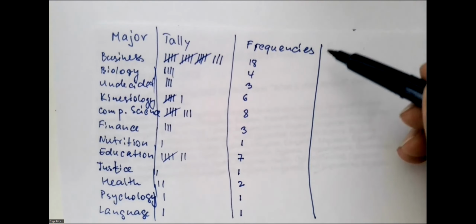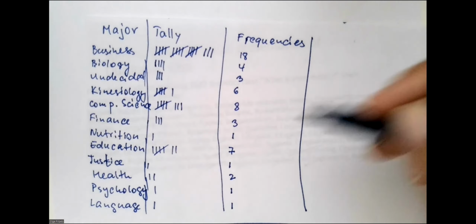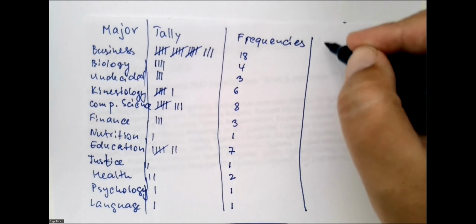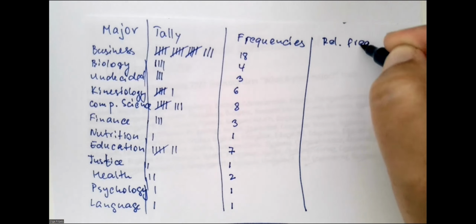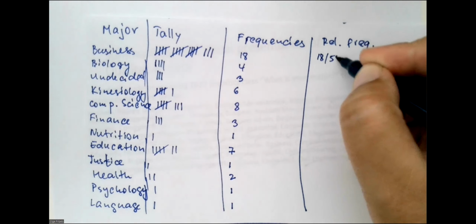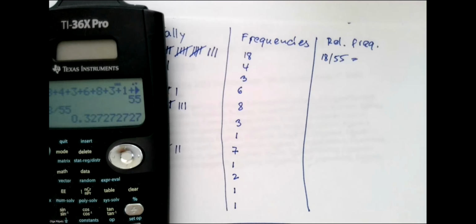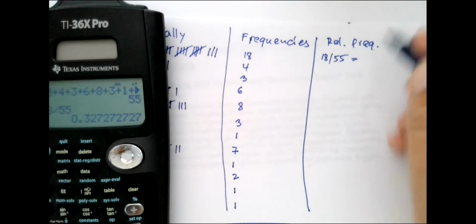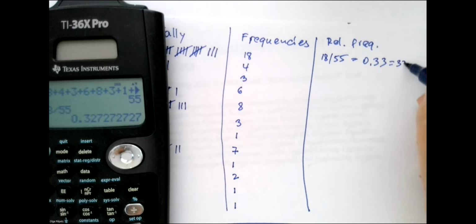But let's talk about relative frequency. So relative frequency is basically a percentage of each group in a total. So for the relative frequency, for business, I'm gonna have 18 divided by 55, which is gonna give me, I'm gonna round here, 0.33, which is actually 33%.